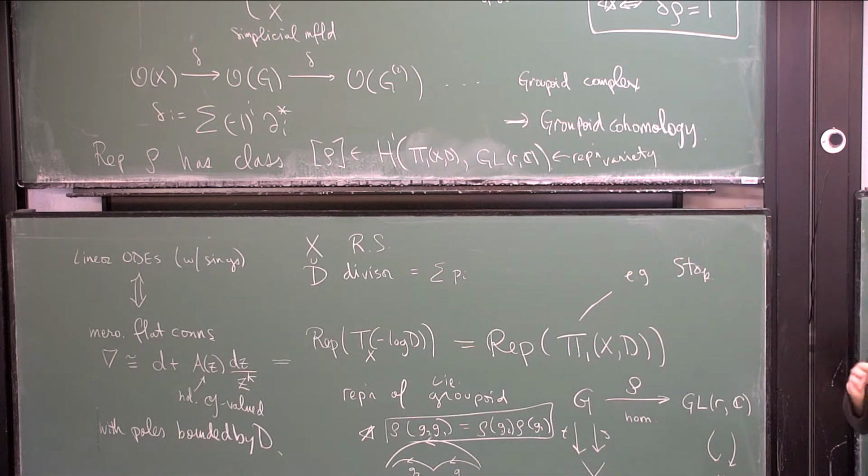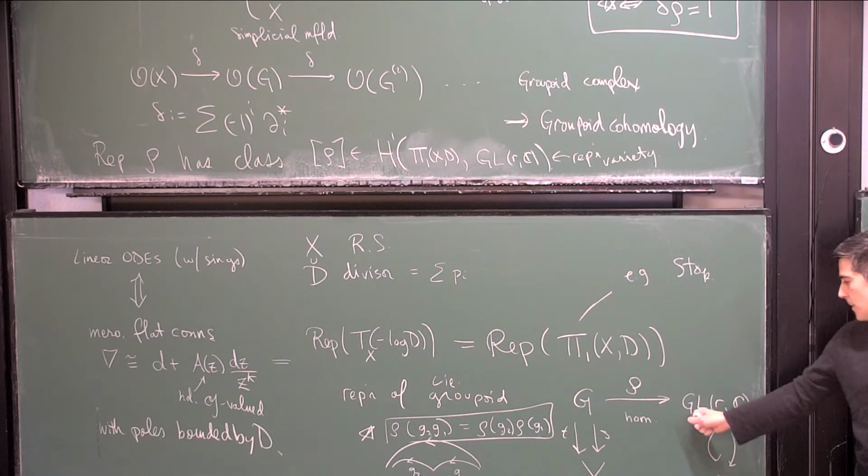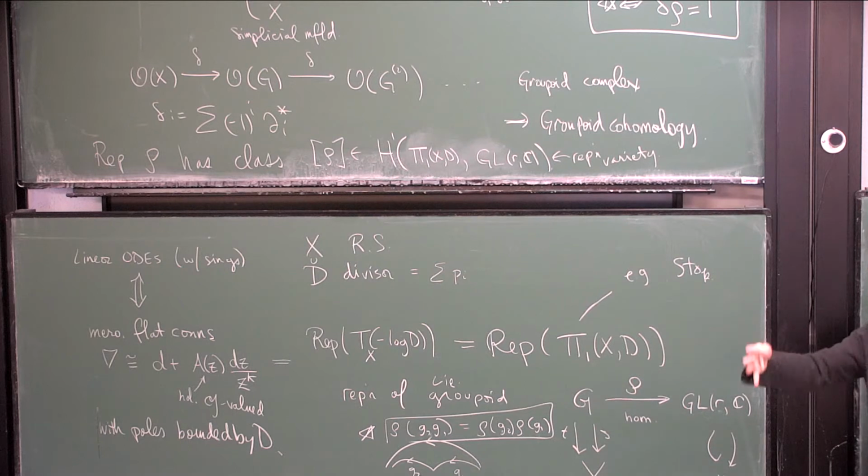Okay, so what I'm trying to sweep under the rug is the following. I'm going to explain what I'm sweeping under the rug, which is that what I've done here is I've trivialized the vector bundle. The vector bundle of rank R, I've trivialized it so that every parallel transport is really just a matrix. In general, what you would have here is not a single group, but it would be all possible isomorphisms between fibers of the bundle.